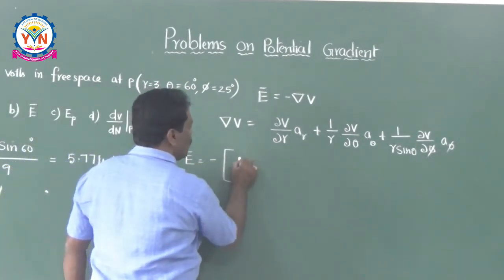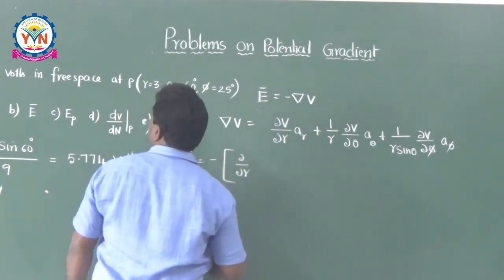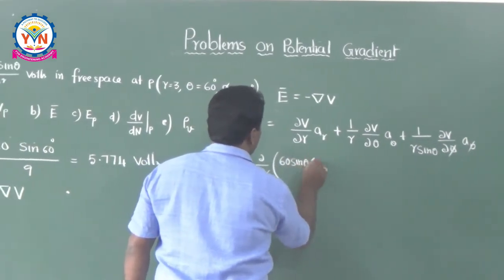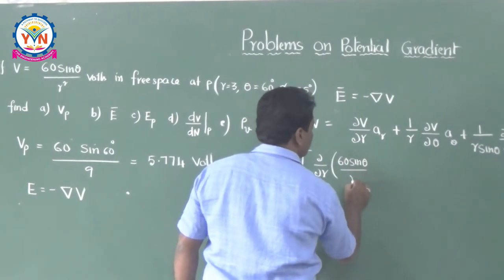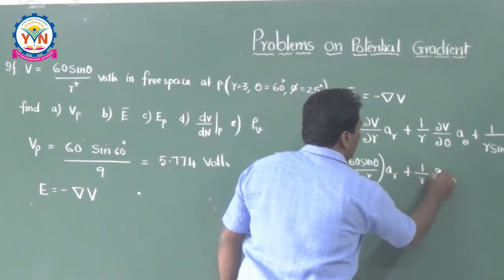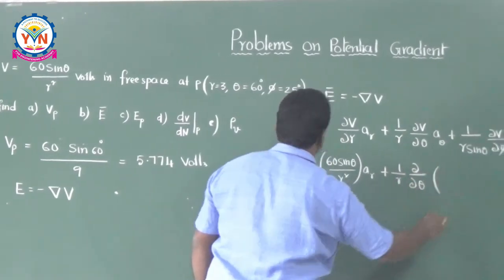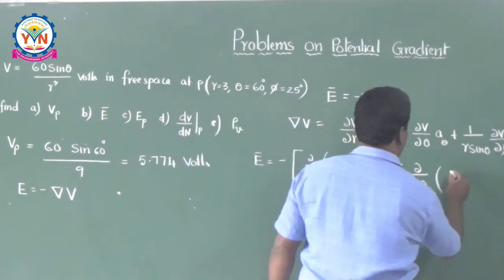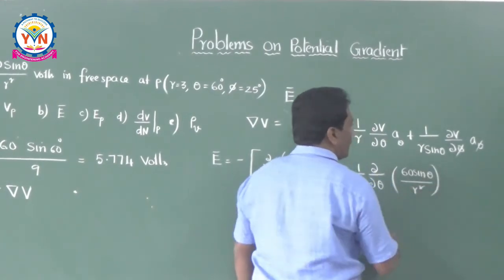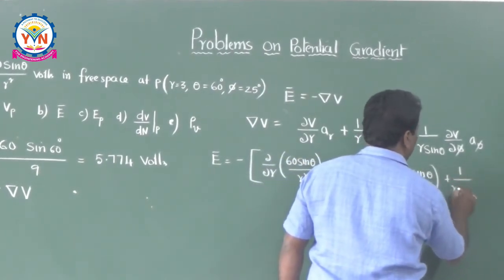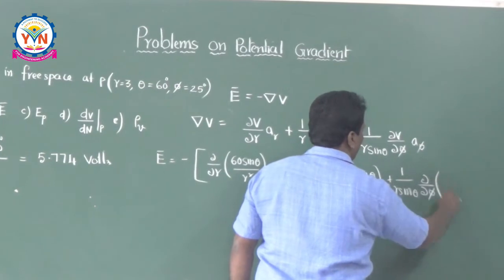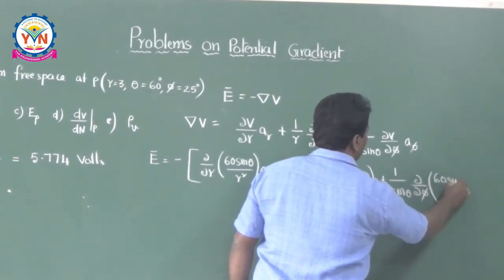That means dou by dou R of, what is the potential he has given? 60 sin theta divided by R square into AR plus 1 by R dou by dou theta of 60 sin theta by R square, plus 1 by R sin theta into dou by dou phi of V, where V means 60 sin theta by R square.